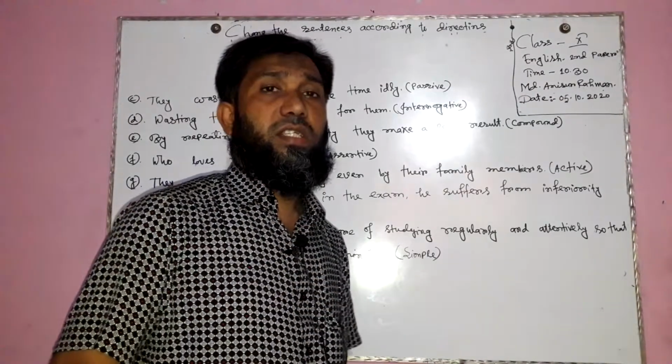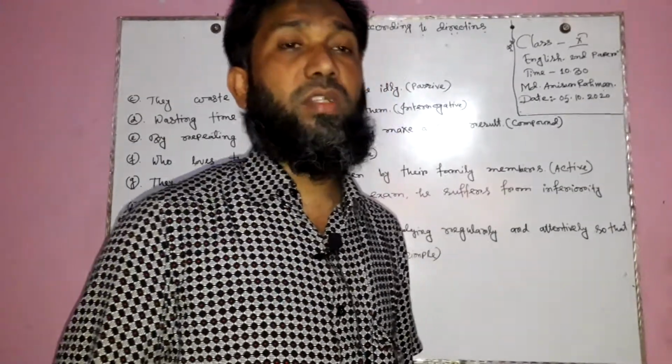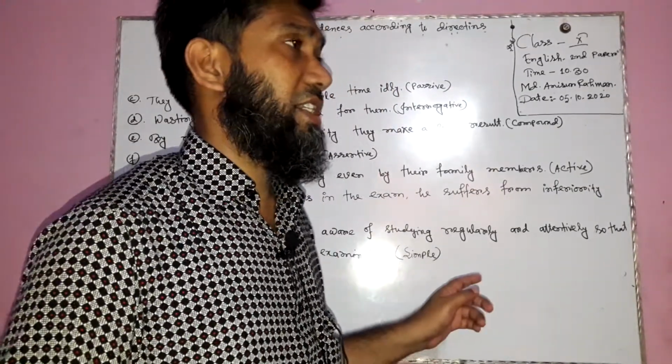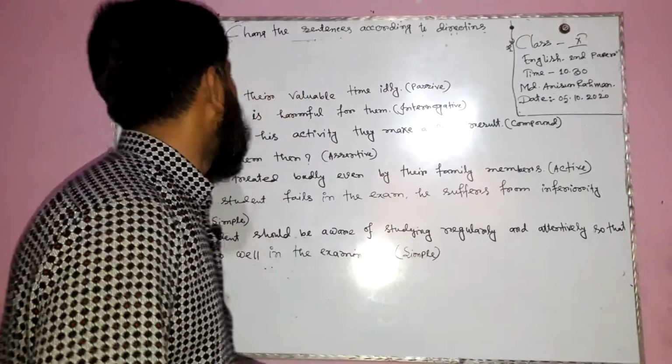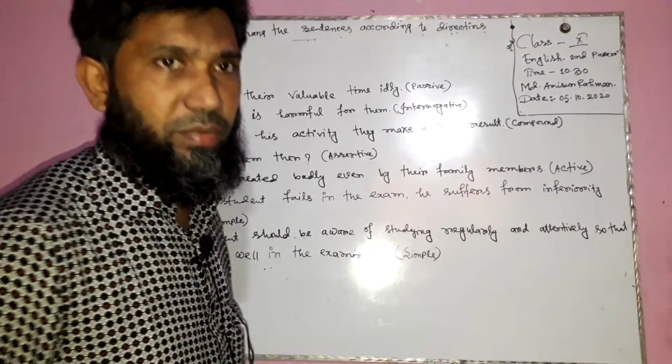If we want to change this sentence into passive form, first we have to know the tense. Which tense is used in this sentence? They waste their valuable time idly. It's present indefinite tense.